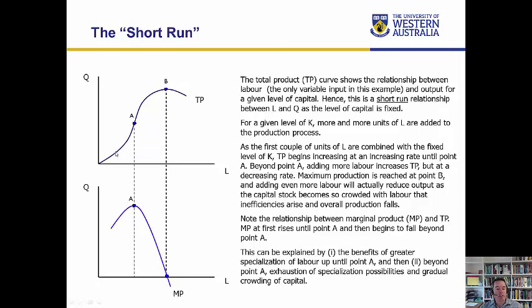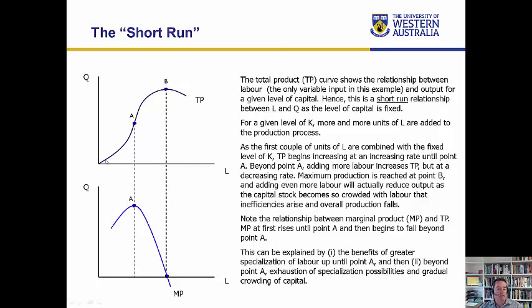So between the origin here and point A, as we add more and more workers, output increases at an increasing rate. Between A and B, as we add more and more workers, output increases at a decreasing rate, and beyond B, capital is getting so crowded that we're adding more workers, and the output level is actually falling here.